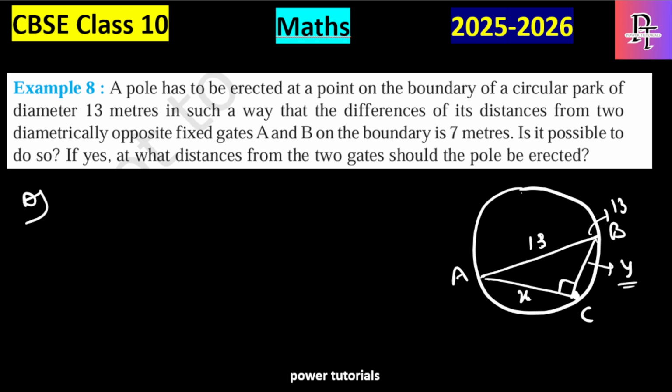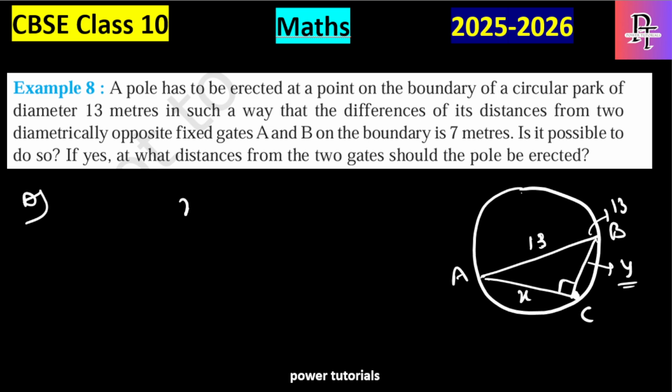How will we write it in terms of x? Because we know it is a right angle triangle, we can apply the Pythagoras theorem. Okay, before that we have one more condition. The difference of its distances from the two diametrically opposite gates is 7. So this is y, this is x.